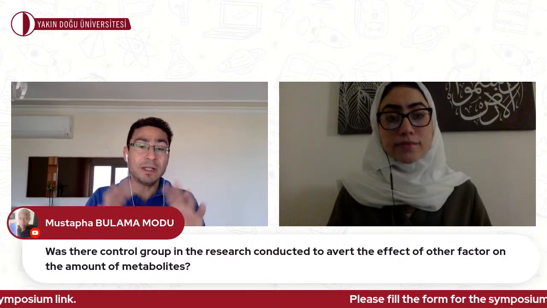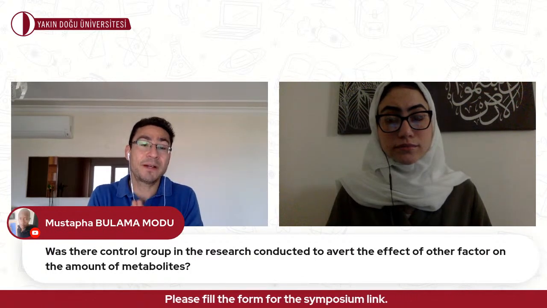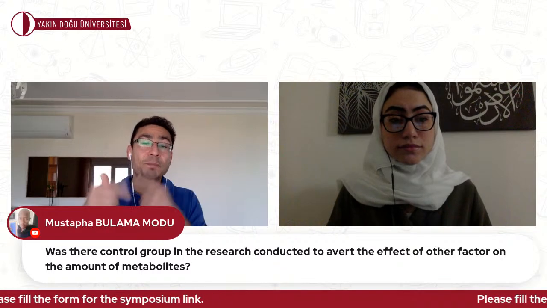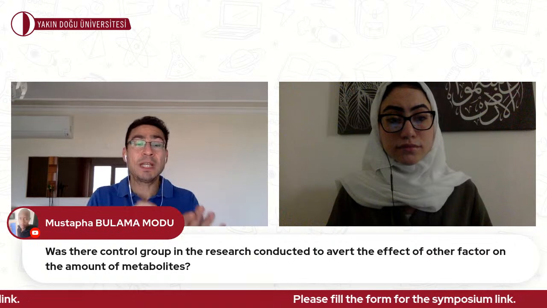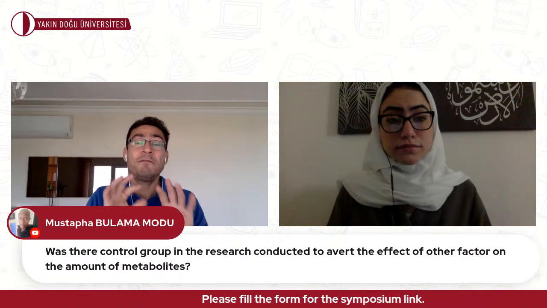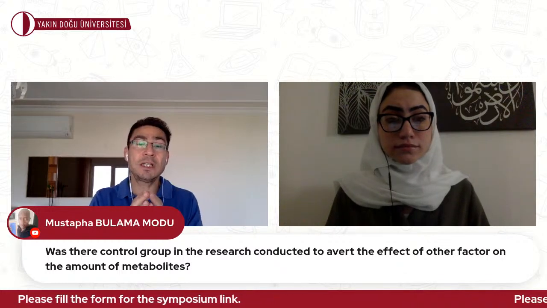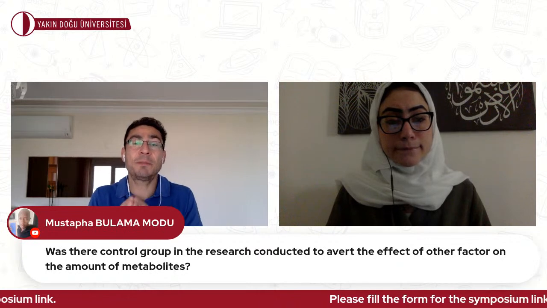So we try to keep the environment as stable as possible, and we repeat the experiments to make sure that we are getting the same results. We have not given any outside influence, so this study is only characterizing what is happening, the dynamics by itself.